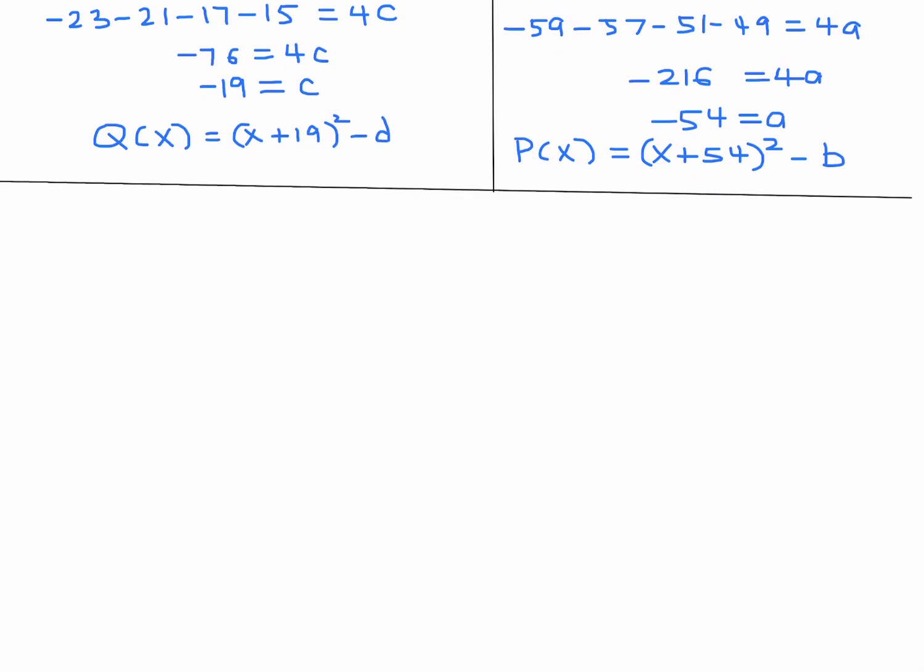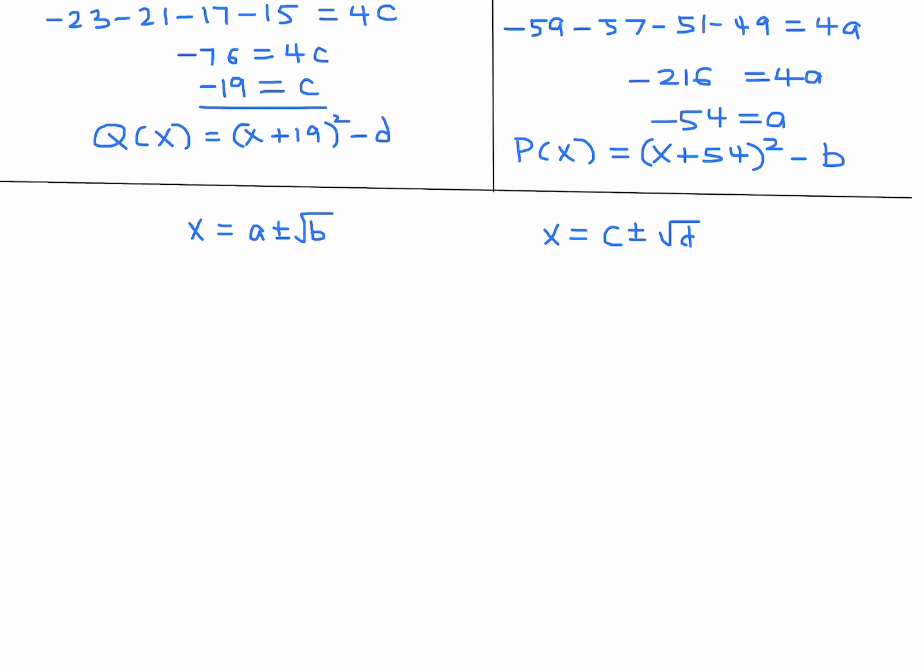So now we have to figure out b and d using this information. So if you remember, the roots before were x is c plus or minus root d, and the roots that I got over here were a plus or minus square root of b.